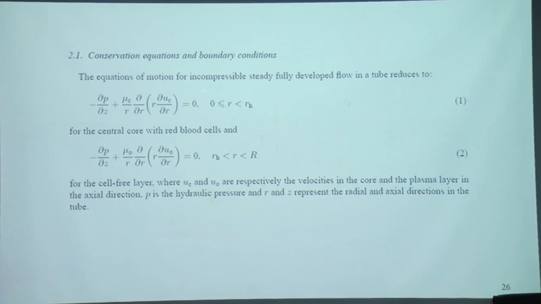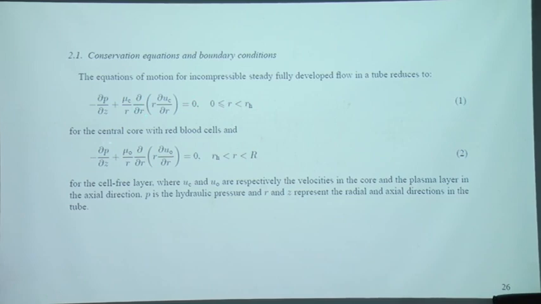First, for the central core region, where it contains red blood cells, we can use the Navier-Stokes equations in the cylindrical coordinate system. If we ignore the gravitational force and assume the flow to be steady, the equation is reduced to this form.